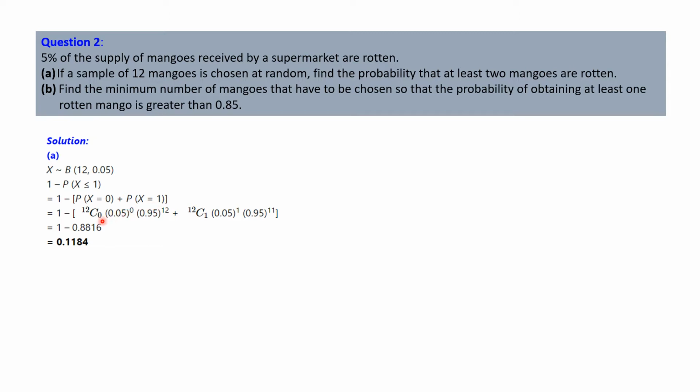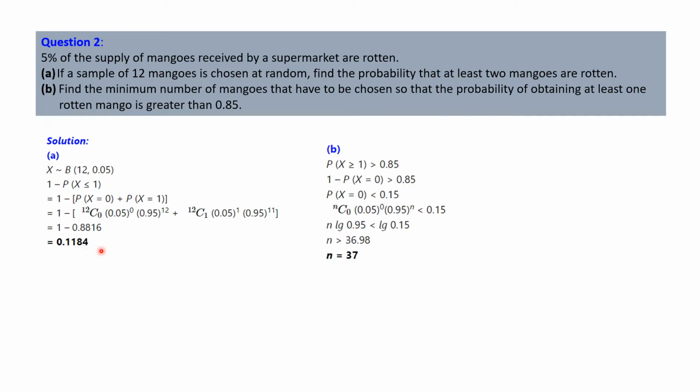So by substituting n equal to 12, r equal to 0, p equal to 0.05, and q equal to 0.95 into the formula, we will get the answer of 0.1184 from the calculator.